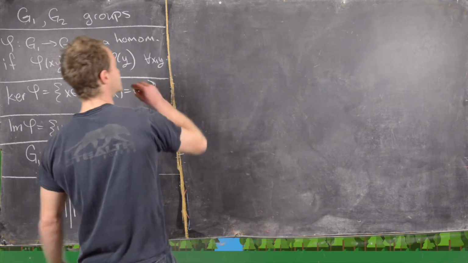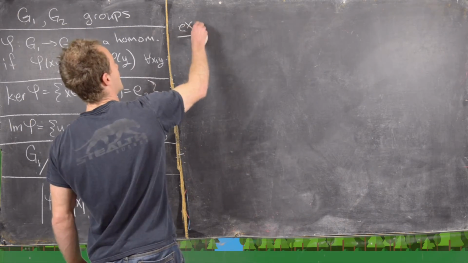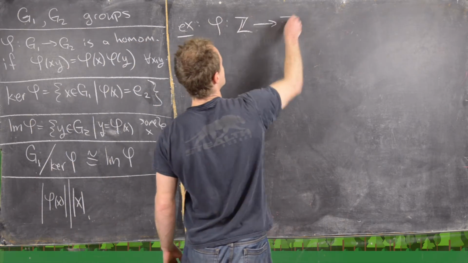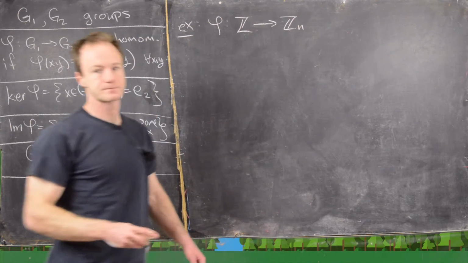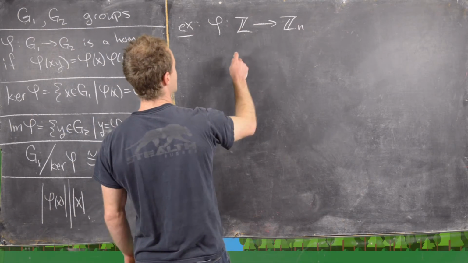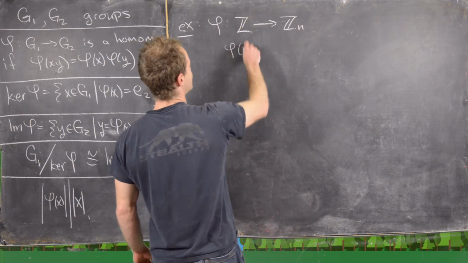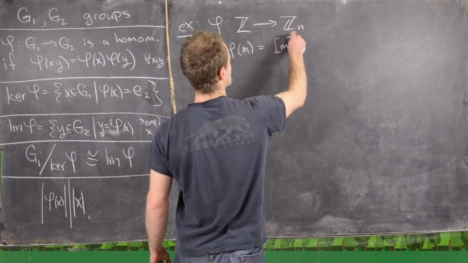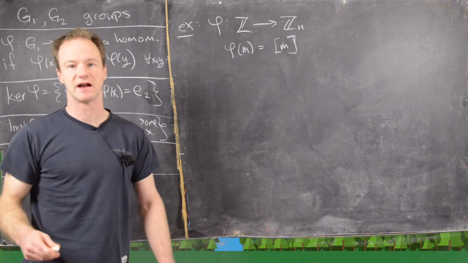Okay, so the first example I want to look at is pretty simple. Let's say phi goes from Z to Zn, and let's say it's defined in the following way: phi of m is given by the equivalence class defined by m.